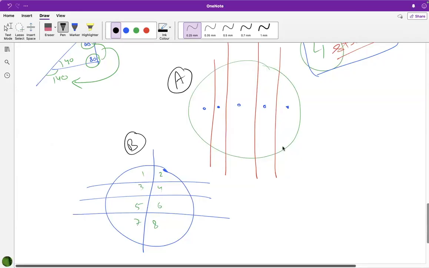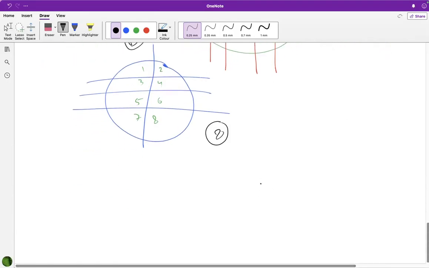May I explain? When you look at this A part, we drew 4 lines and we got 5 parts. Once we come to B, that was the second attempt, we got 8 parts. But what difference do I notice is that one of the lines is actually intersecting the other lines.